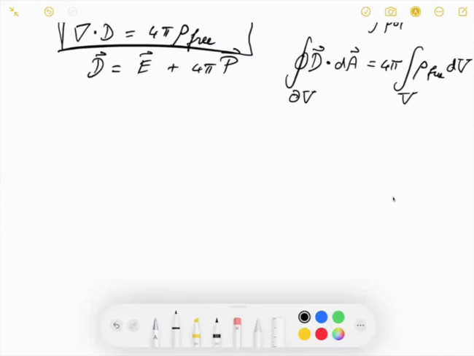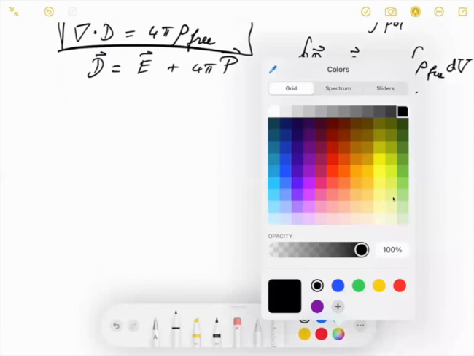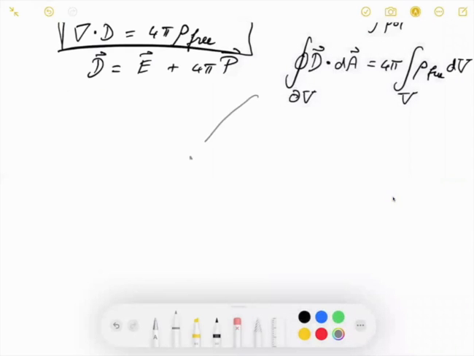So let's describe a boundary. For instance, we have some kind of a boundary, and we have a medium number 1, and we have a medium number 2, and there's therefore a D field on here, and over here.